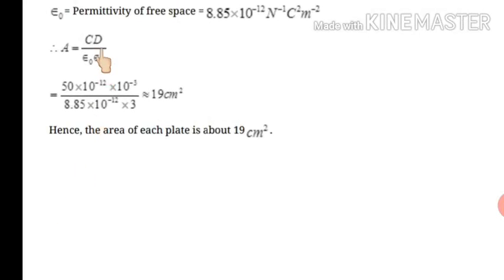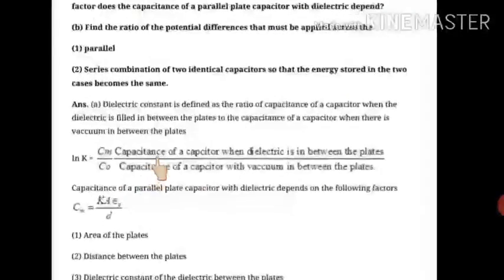So that only is written over here. What is the value of C? This much. What is the value of D? This much, which we have calculated. Epsilon naught, we know the value. What is the value of dielectric constant? It is 3. So when we solve it, the value of area will be 19 centimeter square. So I think it is clear how we have calculated.